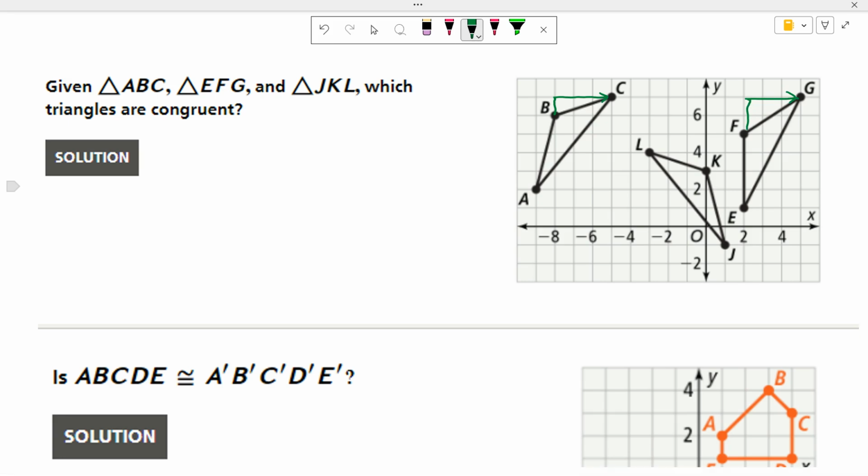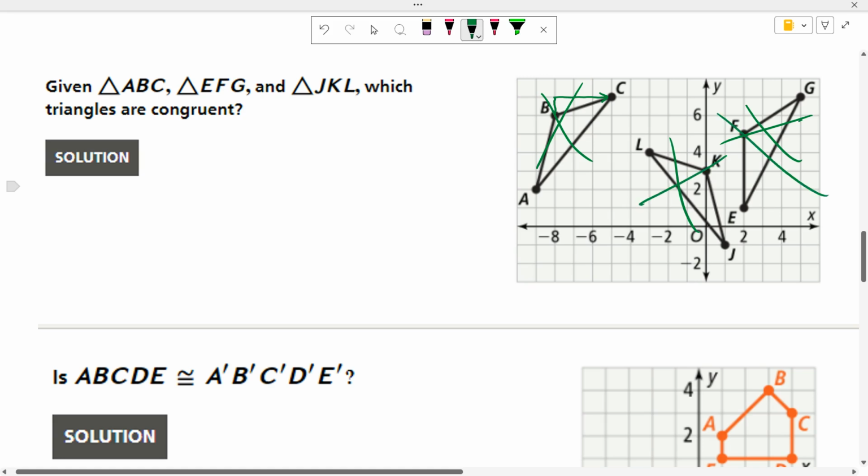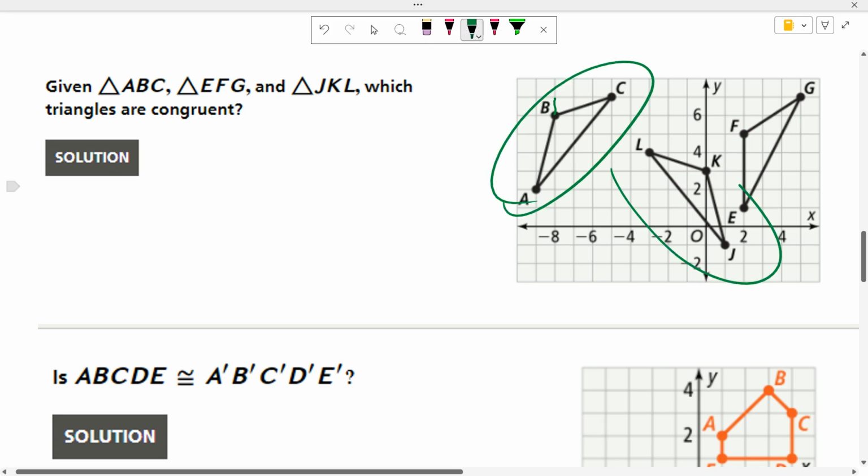No. So, because we have a straight up and down part on FE and no straight up and down parts there, these two are not congruent to each other. Cannot be. Okay? Straight up and down part, any straight up and down part here? No. So these two can't be congruent to each other. So the only two that could be congruent are this one and this one.